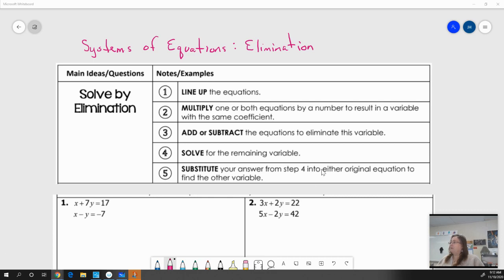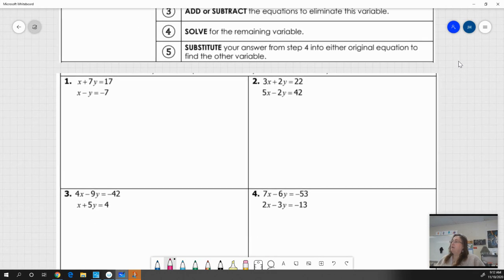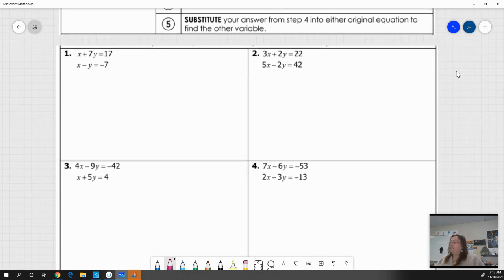So we're going to go ahead and look at these problems and try to figure out how to solve them, right? They are already lined up for us in these sheets, so we don't even have to think about lining it up right now. But what we need to do is look at this and go, well, what can I do to drop one of these variables out?